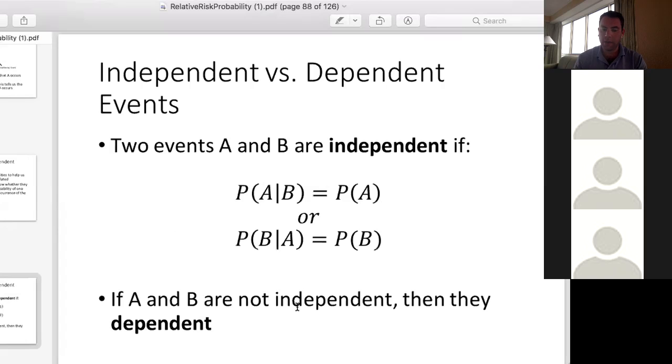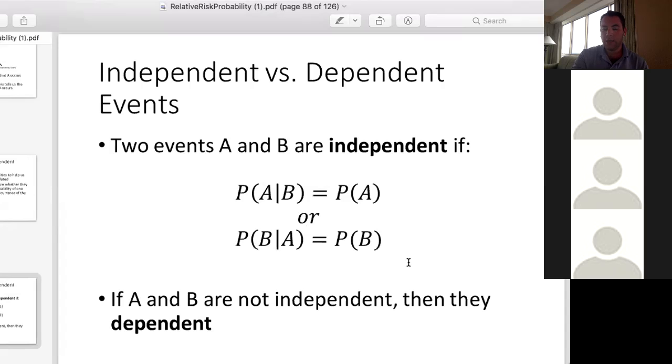If you're dealing with dependent events, then you're going to have to use this multiplication rule to find the joint probability. So be mindful that if you can first find out whether these are independent or dependent events, you can then use one of these two formulas.